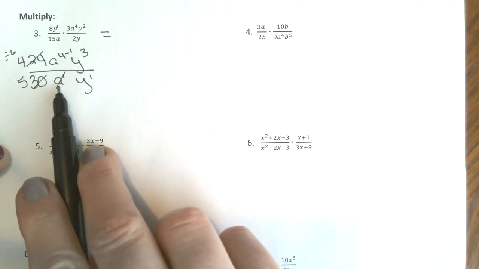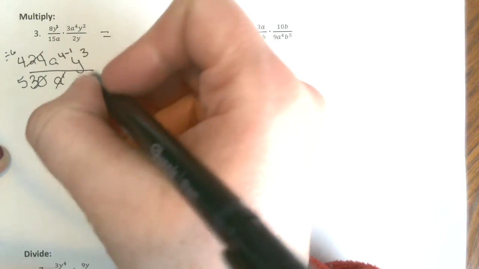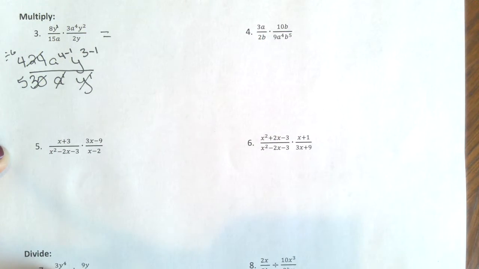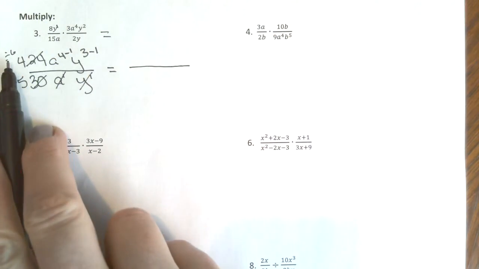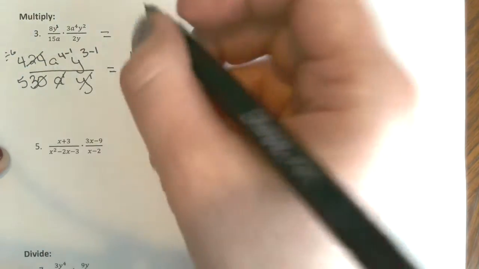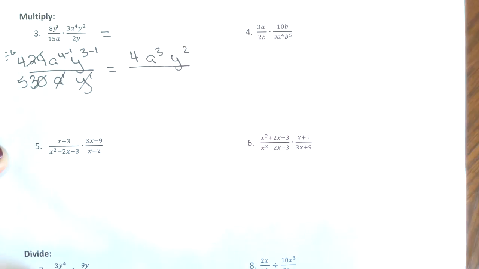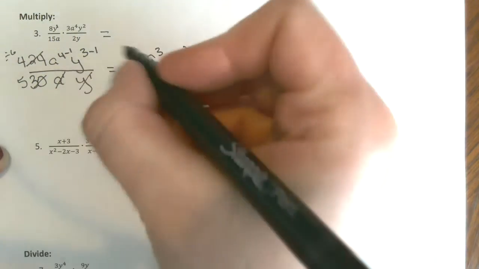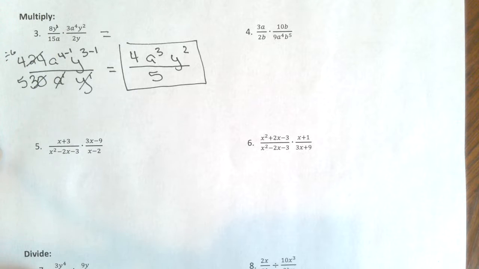So I'm going to cross the a to the first out on bottom, and I'm going to go 4 minus 1 on top. And then I'm going to do the same thing with my y's. All right, so what all do I have left in the numerator? I have a 4. 4 minus 1, I have a to the third, y to the second on top, and it looks like I just have that 5 down in the denominator. So that is my good final answer.